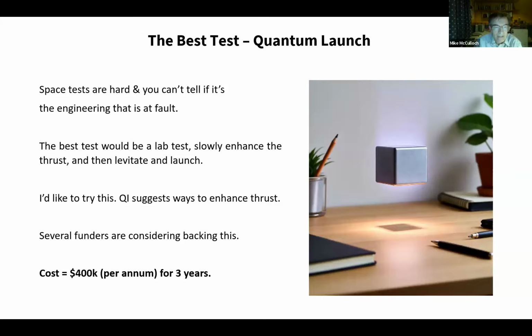I'd like to try this, and QI suggests ways to enhance the thrust. For example, one way to do it would be to reduce the separation between the plates, but that's problematic because then you need a much stronger dielectric. But there are other ways that I've thought of to enhance the thrust, and several funders are considering backing this at the moment.